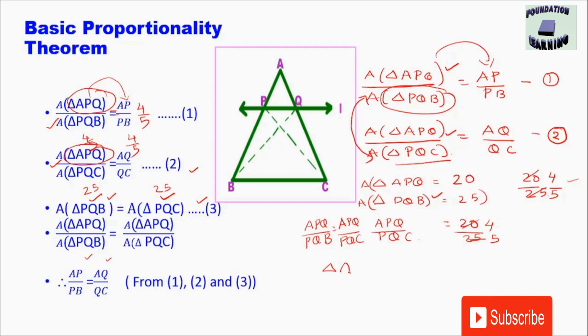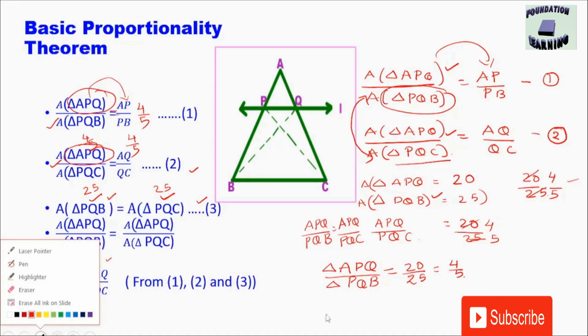We have got it that APQ upon PQB, we have found it as 20 upon 25, we have got it 4 upon 5, right? Now what is the equation? Have a look at the equations. I'll clean a part of it so that you all can understand what I'm trying to say.